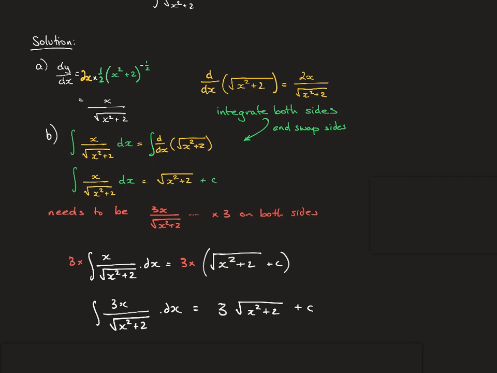We can multiply our 3 through the terms we've got here. So 3 times this square root gives you 3 times the square root, and 3 times a constant is, of course, just a constant. And so we've found the integral that we were asked for without being able to use an integration pattern for it.